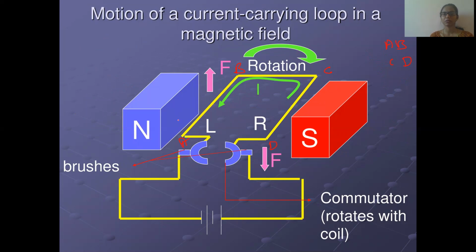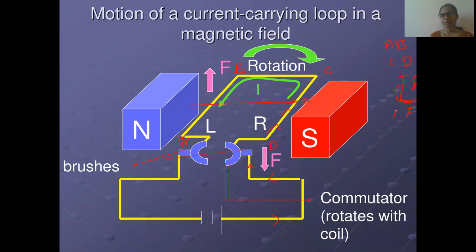So how will it work? See, when the current is coming from the positive end, right, children, it passes through brush B1, again to ring 2, like this. When the current is moving in this direction and the magnetic field in this direction, you can apply Fleming's left hand rule. The thumb indicates the force on the conductor.